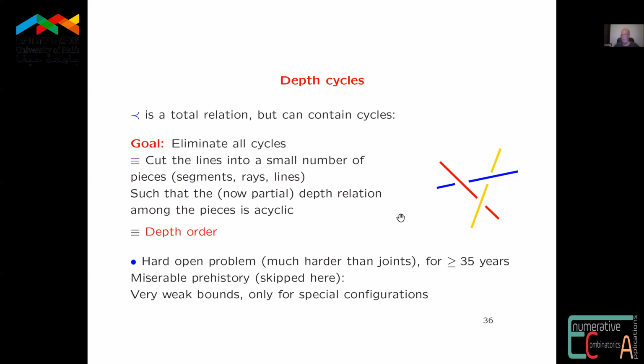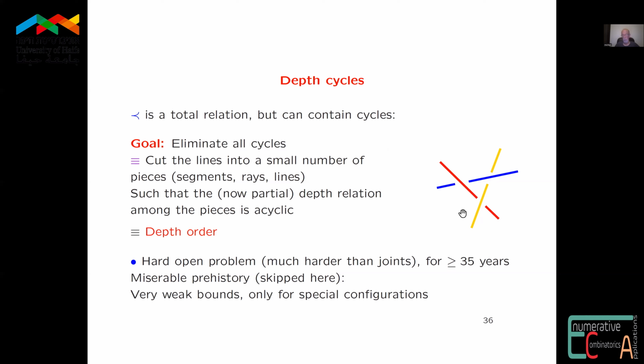I should say, by the way, that if you're willing to pay n squared cuts, then it's basically trivial to eliminate everything. You simply cut each line near the point where it goes over or below another line. Or you can even cut it twice, before and after, and then surely there will be no cycles. But we want better than n squared.